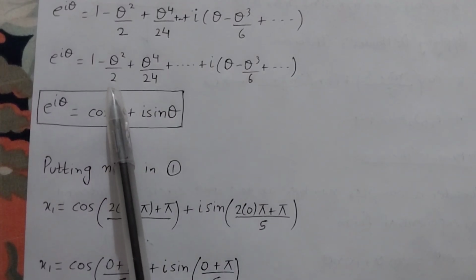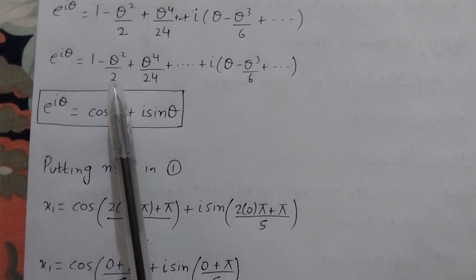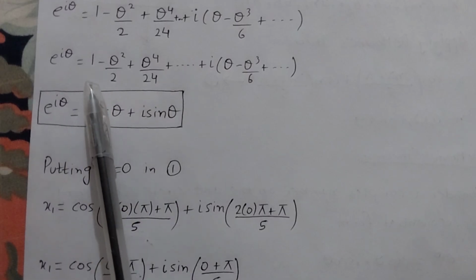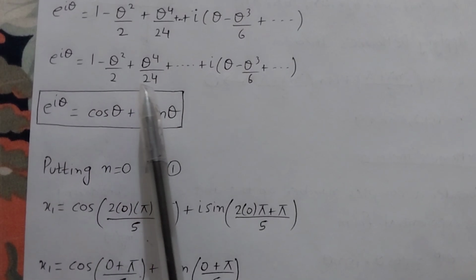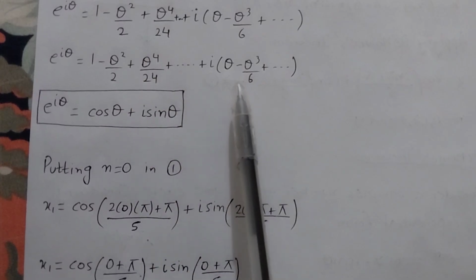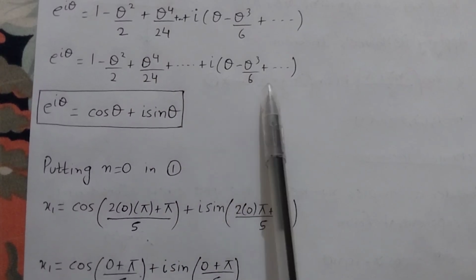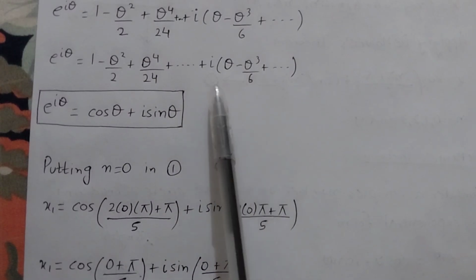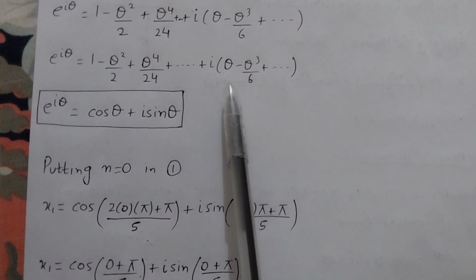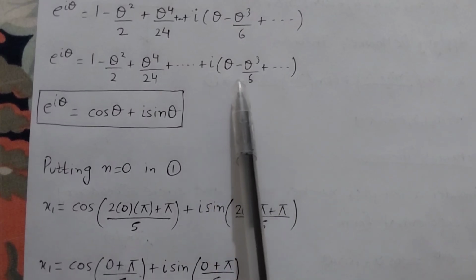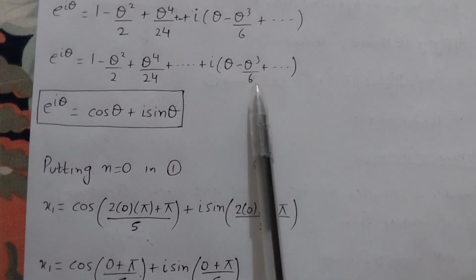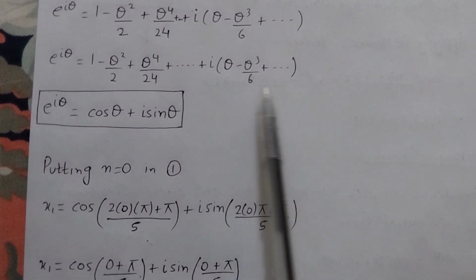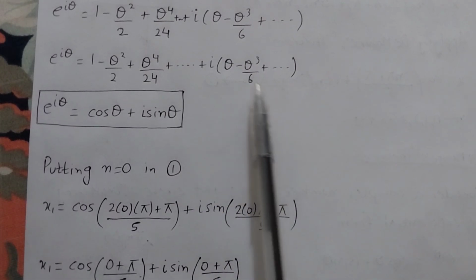And similarly in the denominator we have the factorials for the even numbers: 0 factorial which is 1, 2 factorial which is 2, 4 factorial which is 24, and so on. In this bracket we have the power series for the sine, and we have odd powers: theta 1, theta cube, theta 5 up to so on. So this is the power series for sine.